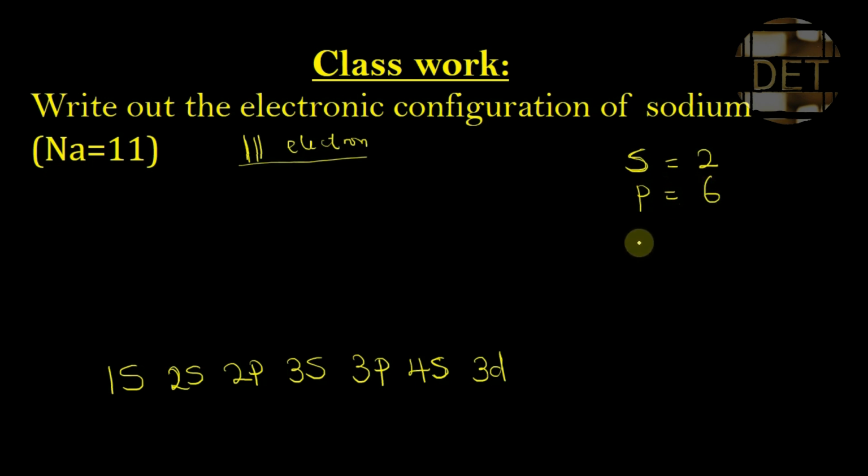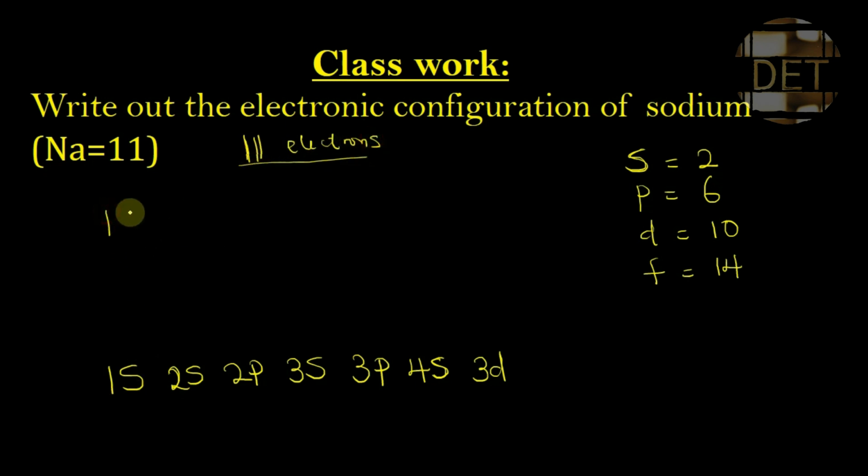The electrons that can occupy the d orbital is 10, while the maximum number of electrons that can occupy the f orbital is 14. So we are considering 11 electrons here. So we'll fill them starting from the lowest energy level until we exhaust these 11 electrons.